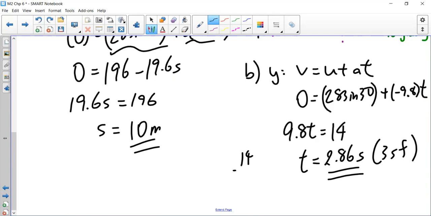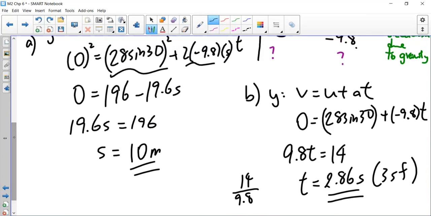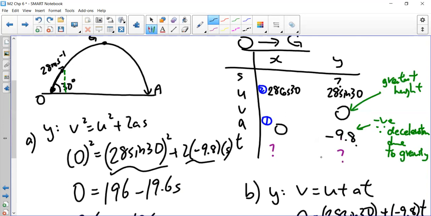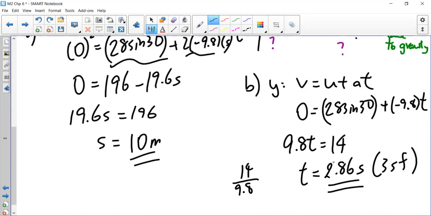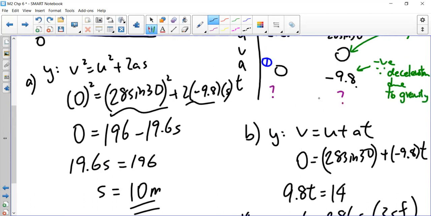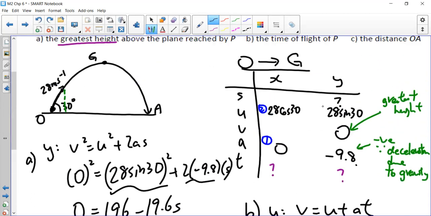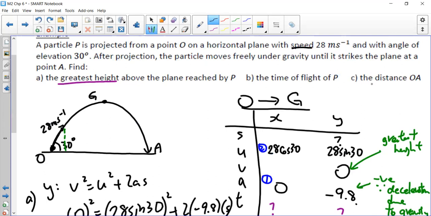You should put 14 over 9.8 in the calculator, because remember, T is a useful component in the SUVAT because it links between the two columns. So this T value, you can either store in a calculator or use a full fraction to work out T, because we're going to use it for part C, distance OA.